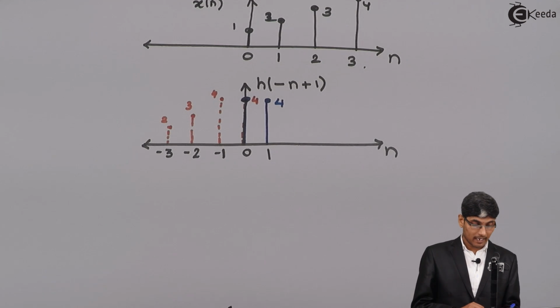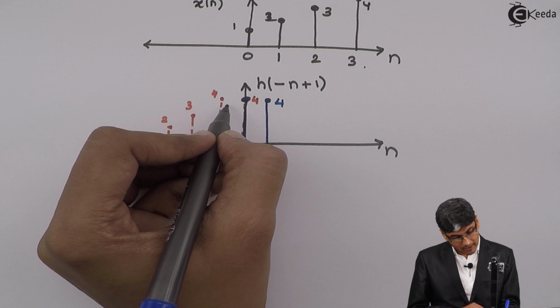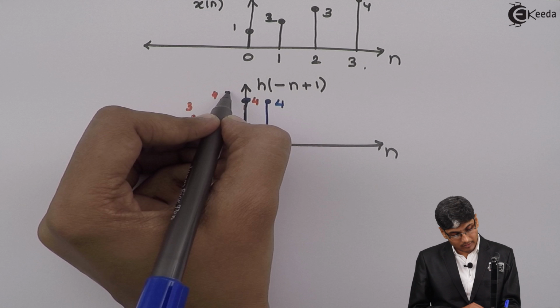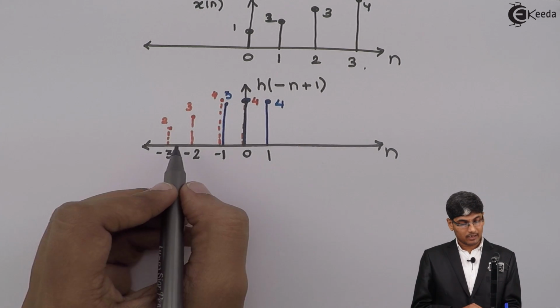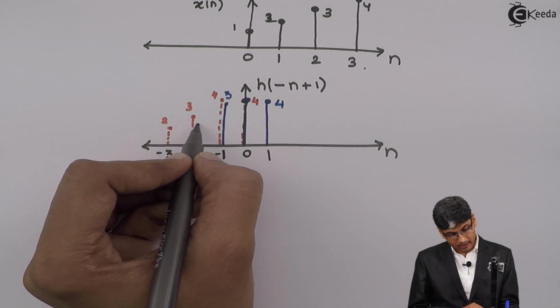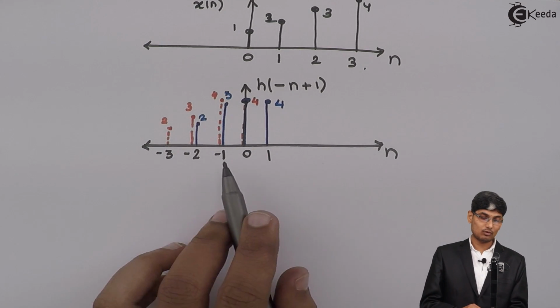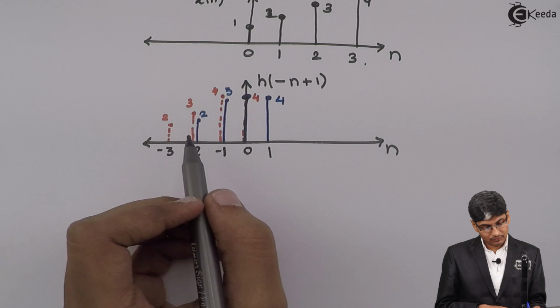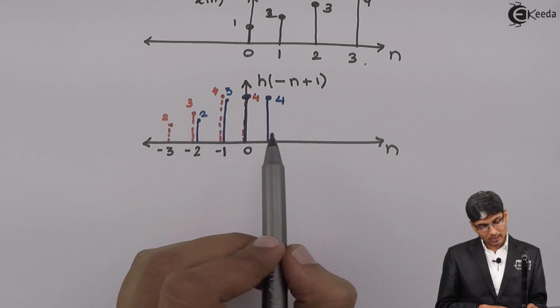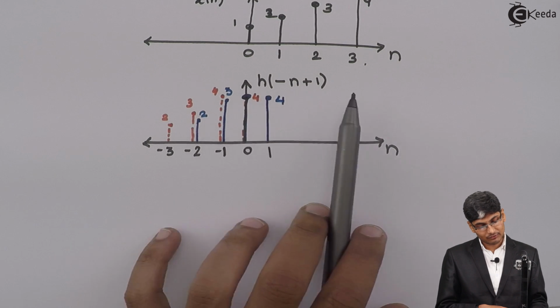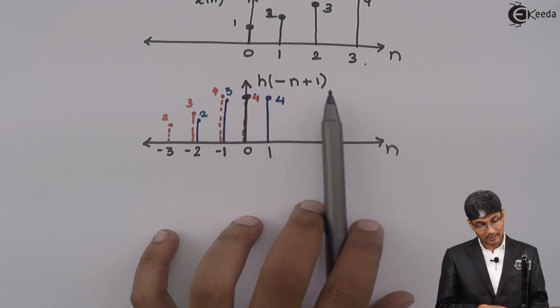Then I have 3 which will be coming at n is equal to minus 1. So, I will just draw it beside it. This is 3 and then I will get the last sample as 2. This will be my 2. So, I got 4, 4, 3, 2. So, by shifting by one sample value of plus 1, I got all the samples shifted on the right of the y axis.